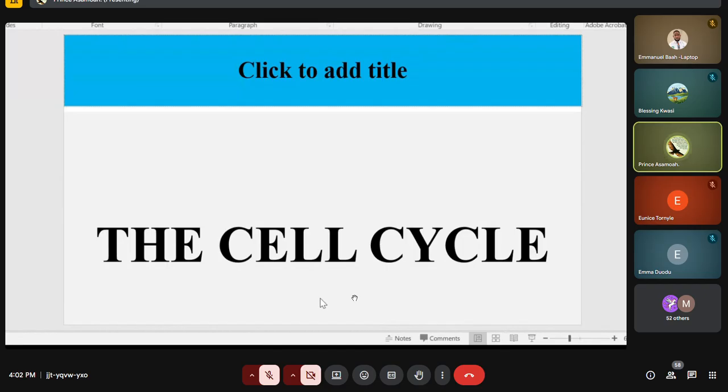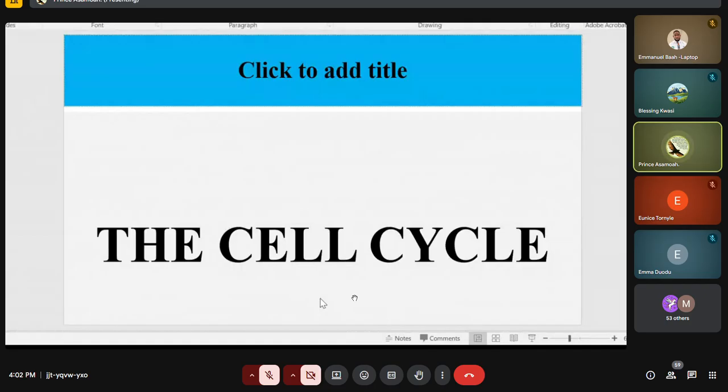So we are talking about the cell, and there's a theory that explains the cell. The cell has three main components: the cell wall, the plasma membrane, the cytoplasm, and the nucleus. These main components have their respective functions. But when you take the plasma membrane off and you take the nucleus off, the cytoplasm has various organelles in there.